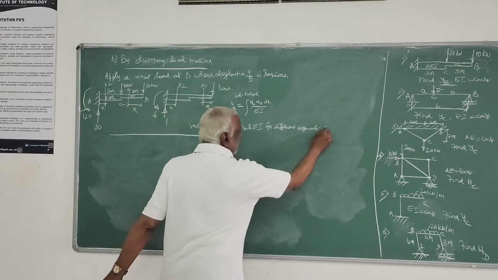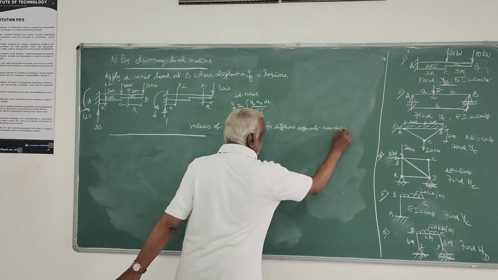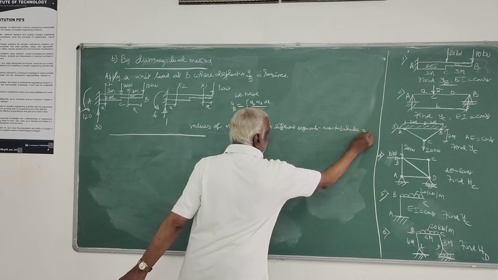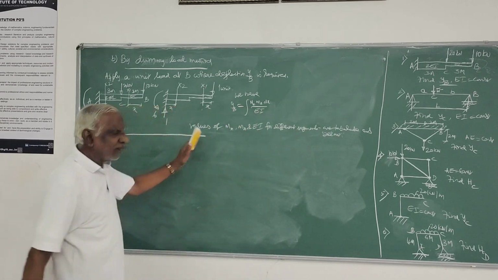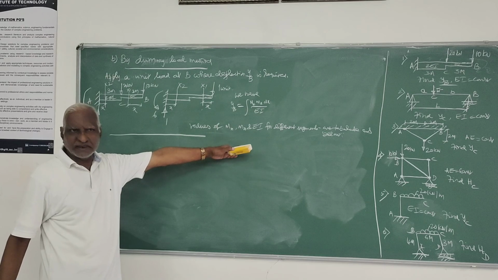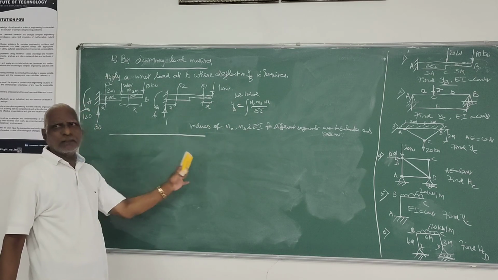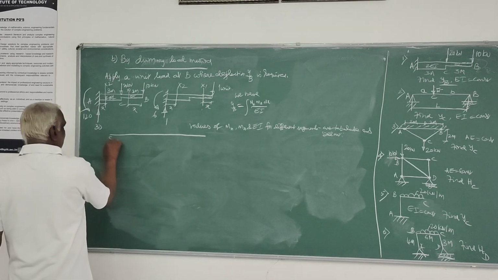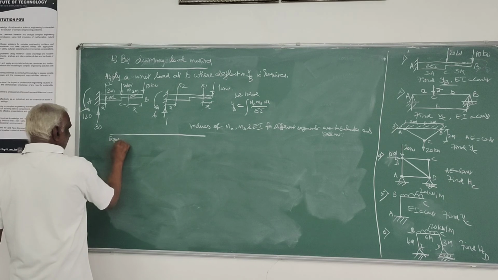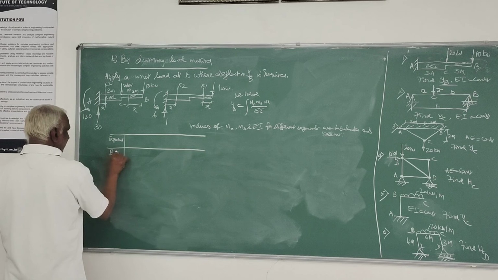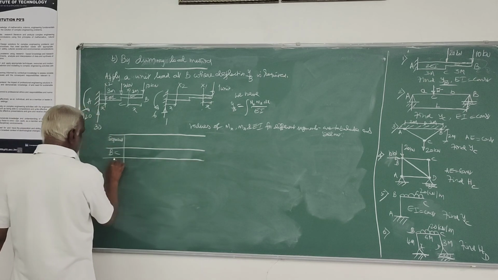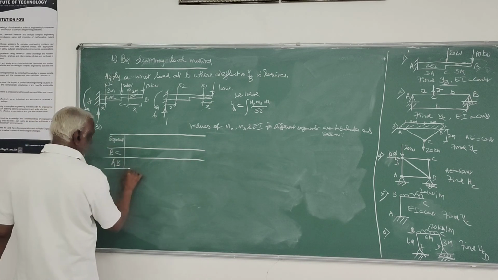Even in the previous case also the same thing could have been written. So only 2 segments, one is BC, another is AB.